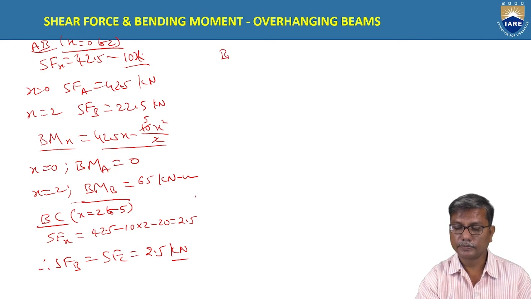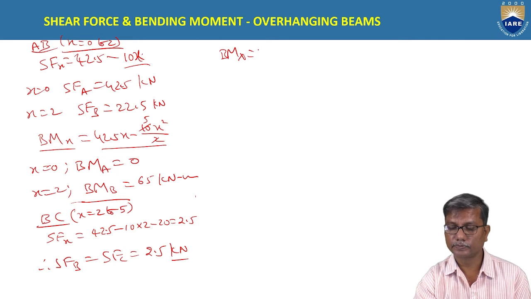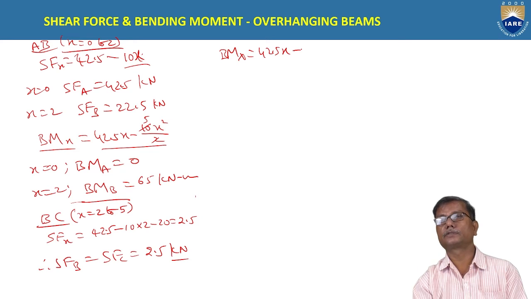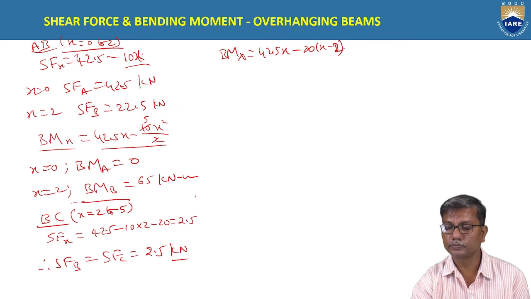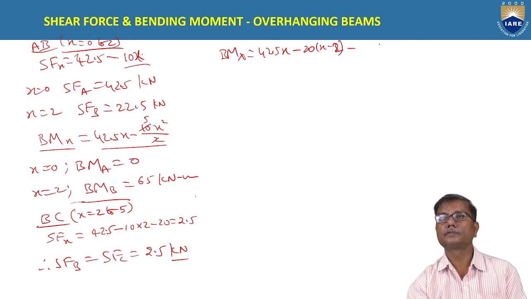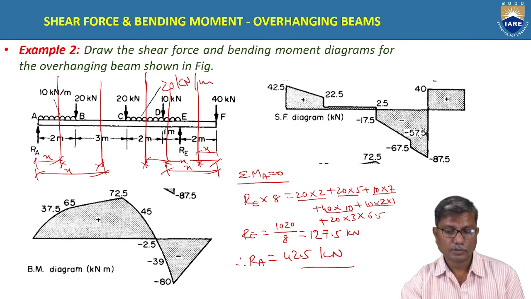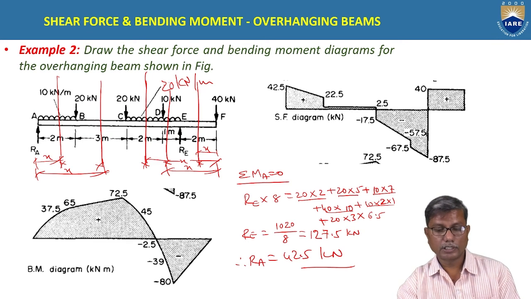And bending moment at X is 42.5 into x minus 20 into x minus 3, x minus 2, this is due to the point load, and due to the UDL, minus 10 into 2 into x minus 1.